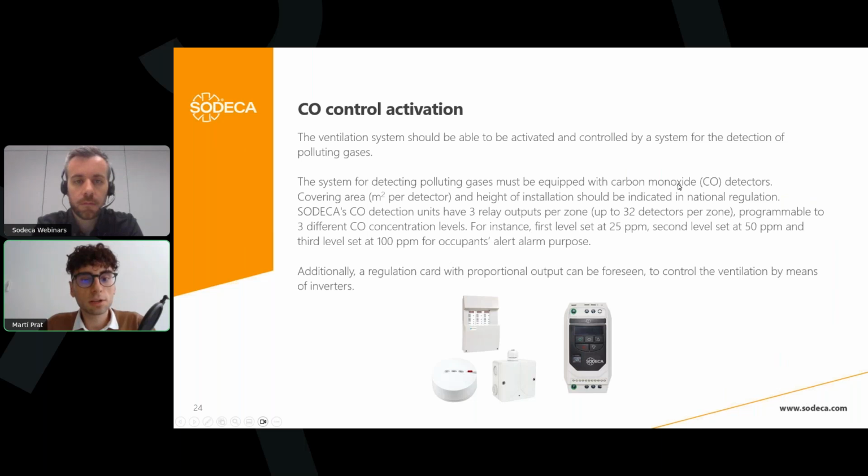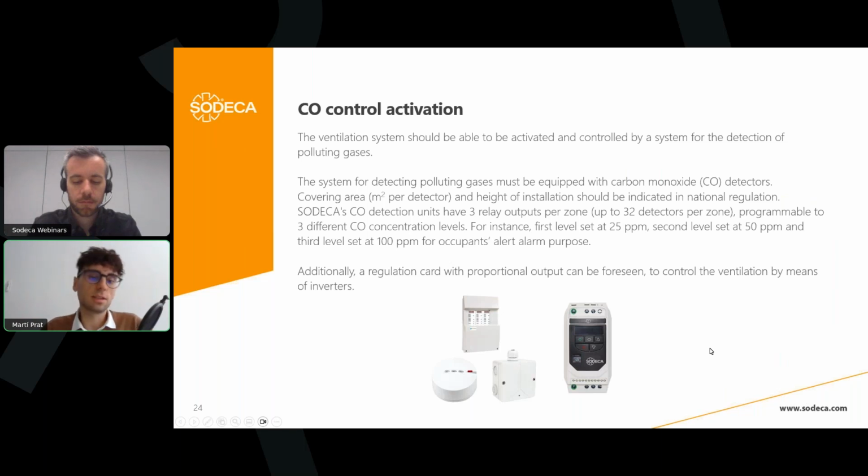For the CO control activation, we basically have the CO sensors that are installed trying to cover as much area as possible of the car park. And they are connected to the CO central that we have in SODECA. This CO central has 3 relay outputs per zone, up to 32 detectors per zone.